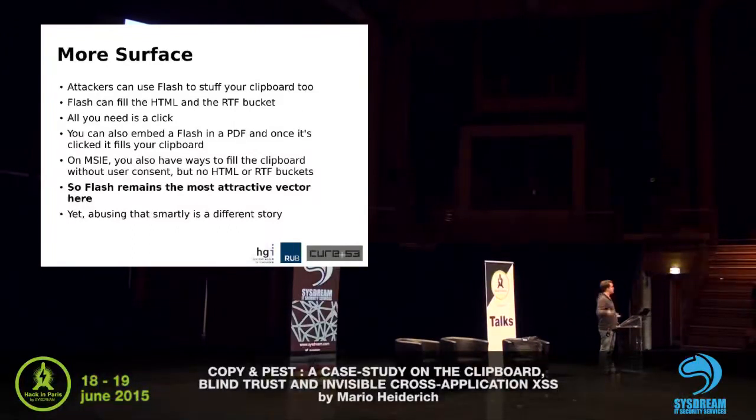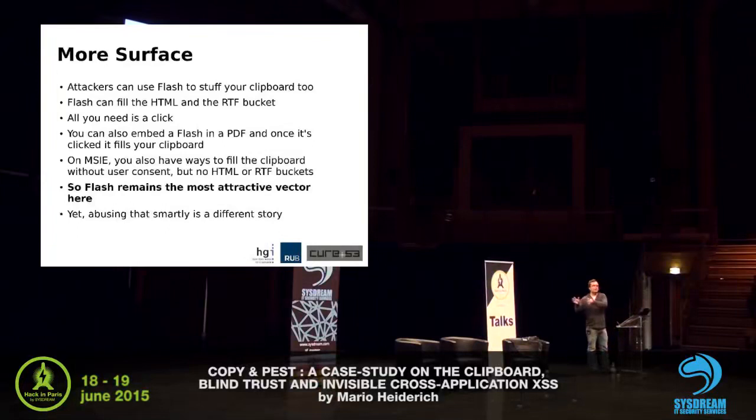So you need a trusted event, so you need to get the user to click, which is, I guess, not that hard. But I wanted to make it a bit more subtle, so I took a Flash file and put a click handler in there, and had the click handler react to a click by filling the clipboard with arbitrary garbage and some payload. Then I embedded that Flash file in a PDF file, because PDF can of course embed Flash.